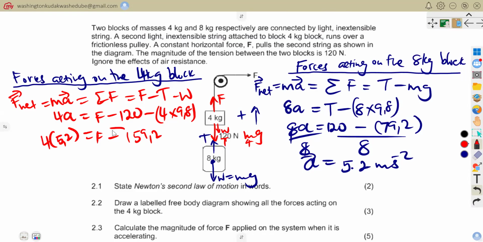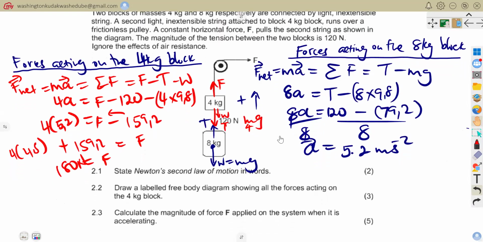So I'll take this one to the other side, so that it becomes 4 times 5.2 plus 159.2 should be equal to F, because I'm now transposing to make this the subject. If I add those, I'm supposed to get 180 newtons. So my applied force here, for the object to be accelerating, is going to be equal to 180 newtons. So that is how you would have determined that force.